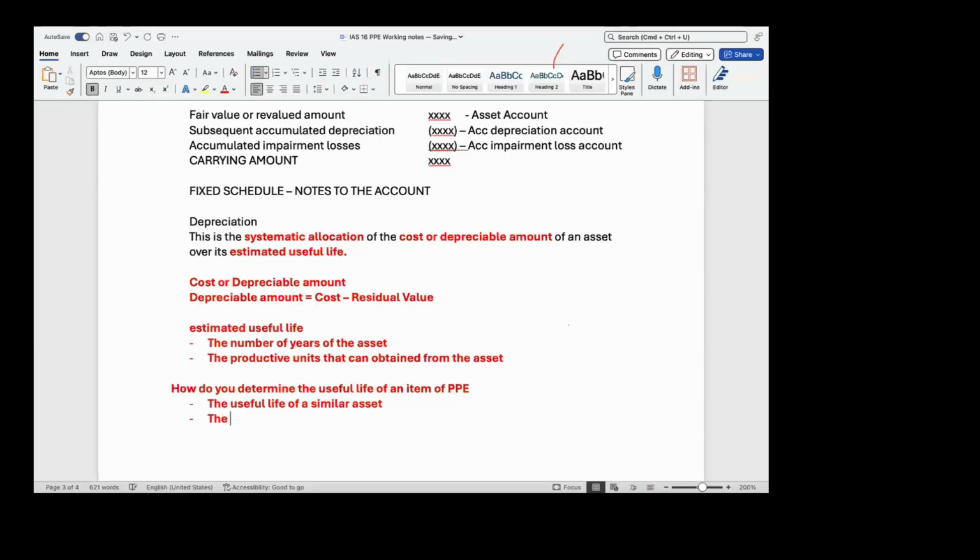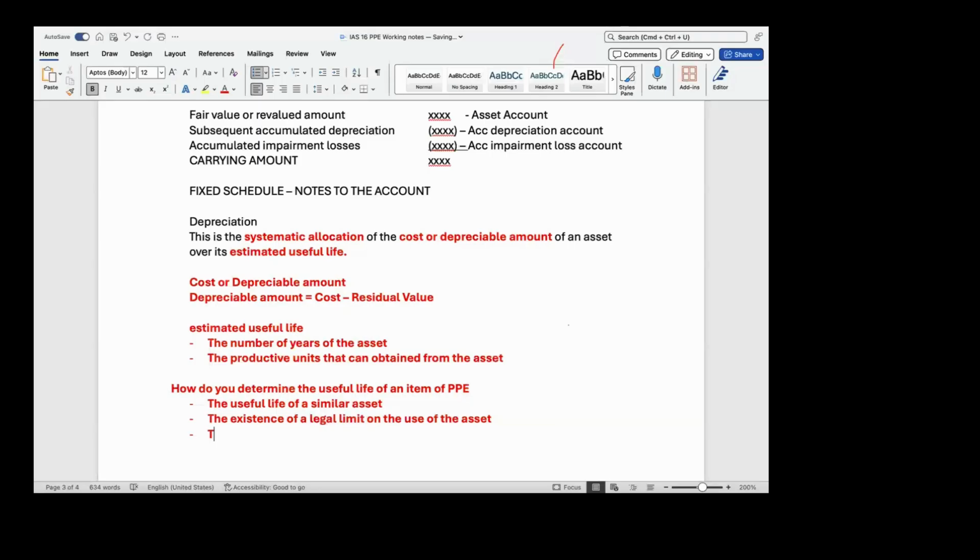Number two, the existence of a legal limit on the use of the asset. If the asset has a legal limit where you only have access to the asset for 5 years or 7 years or 8 years, if there's any legal restriction on how long you can use it, of course, that's the useful life of the asset for you.